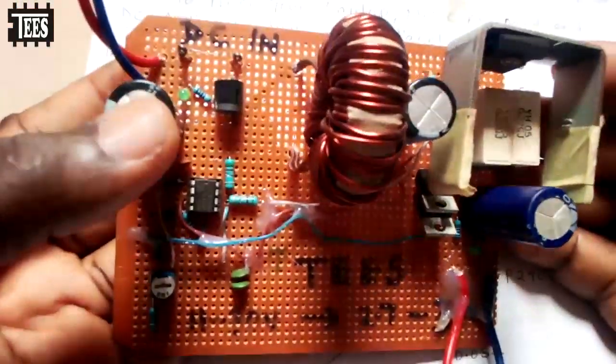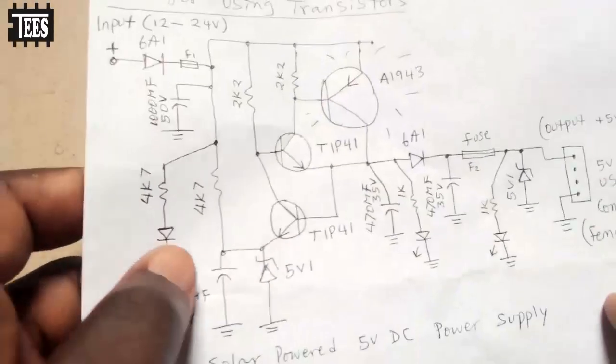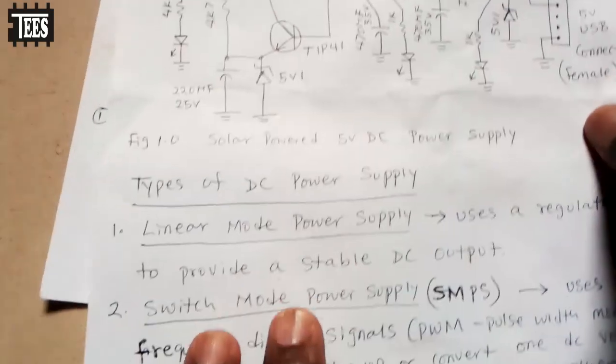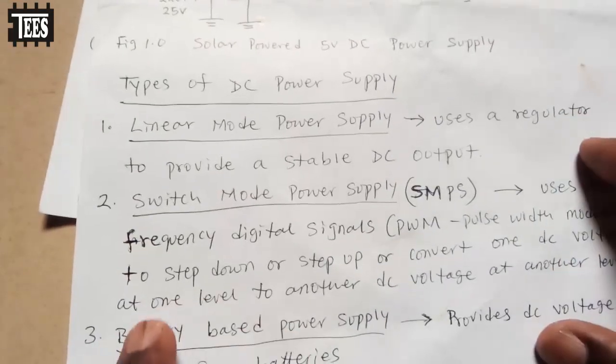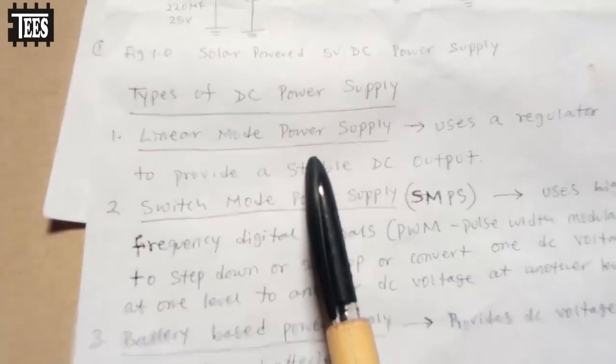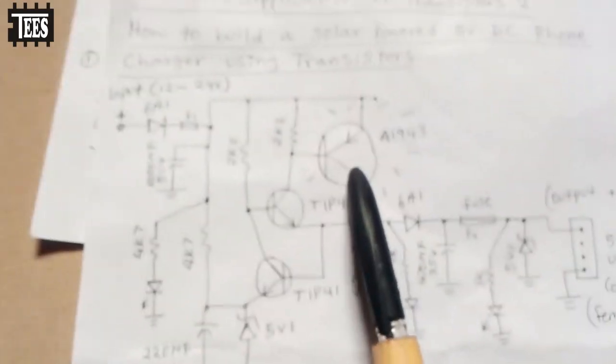So before we go further, let's flash back to what we covered previously, on our Practical Electronics 4. We talked about types of DC power supply, where we talked about linear mode power supply, which is what you are seeing here.